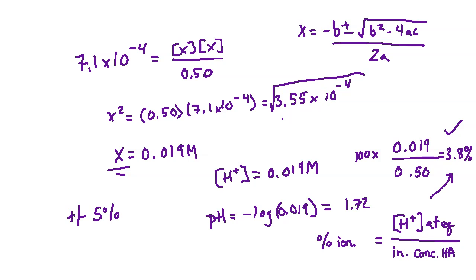So let's say that this was something like 81%. You would have to go back and use the quadratic formula to really solve for x. And then when you find x, you would take that value of x, put it over the initial concentration of HA and solve for that, and that would be your percent ionization in a case like that.